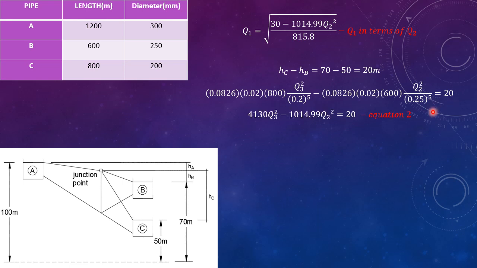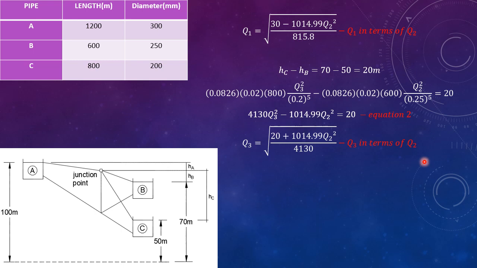Simplifying, we have 4,130 Q3 squared minus 1,014.99 Q2 squared is equal to 20 meters. And this is our equation 2. Again, it will be useful to express Q3 in terms of Q2. That is, Q3 is equal to the square root of 20 plus 1014.99 Q2 squared all over 4,130.